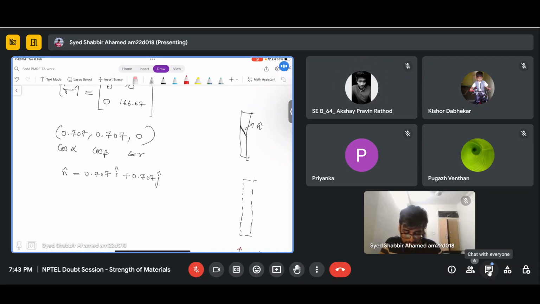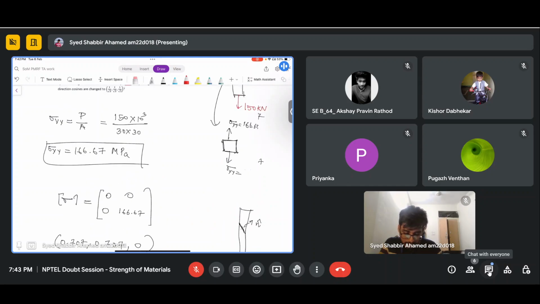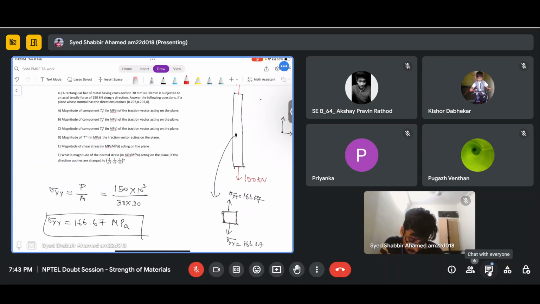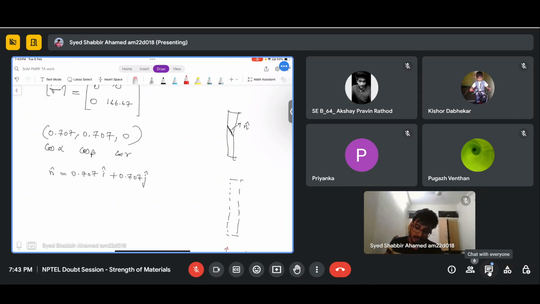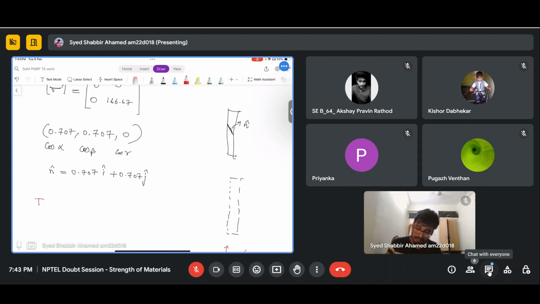So here I think we don't need the magnitude of the component from this normal which he has given. We have to calculate the x component of the traction vector and the y component of the traction vector. I know the stress tensor and I know the normal components, 0.707.